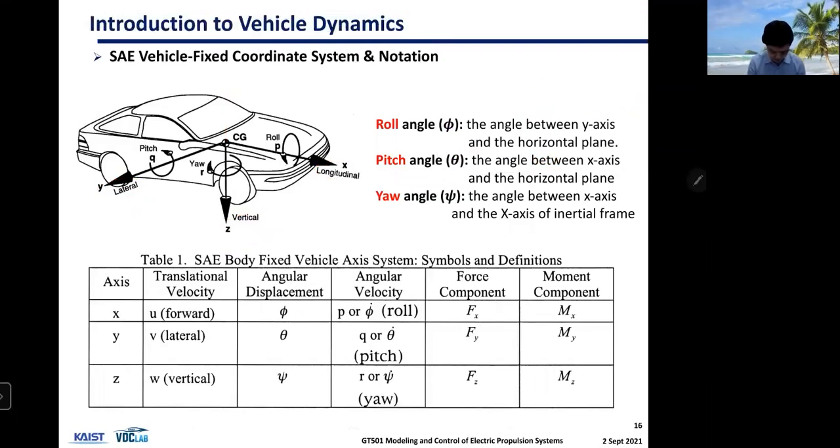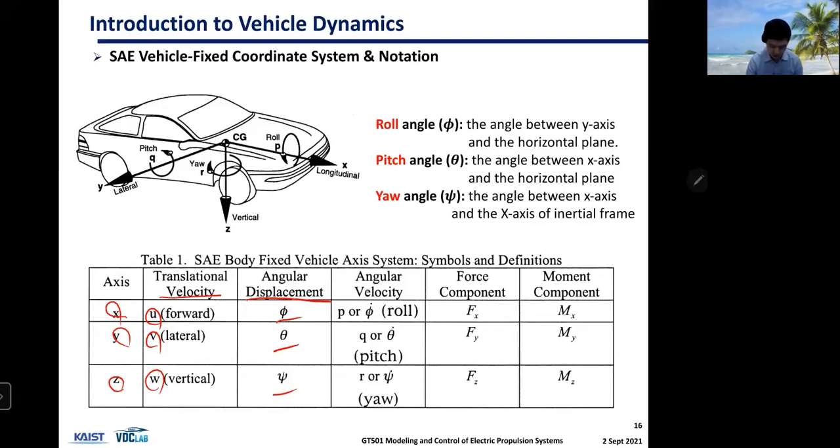And so XYZ is straightforward. And we have 9 more variables to introduce, which is translational velocity, which is U, V, W. And then we also have angular position or angular displacement, which is phi, theta, psi.